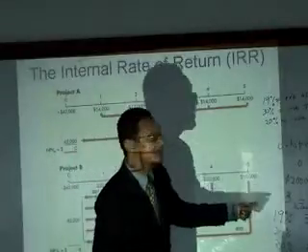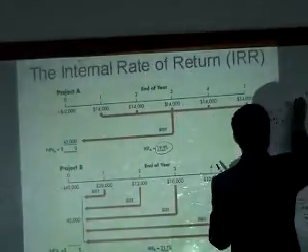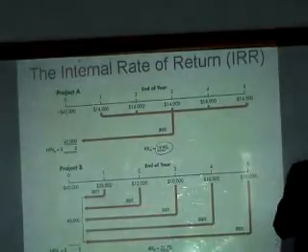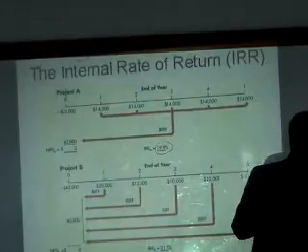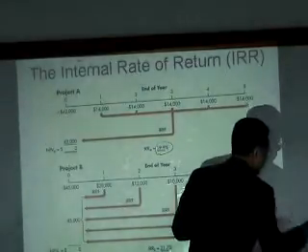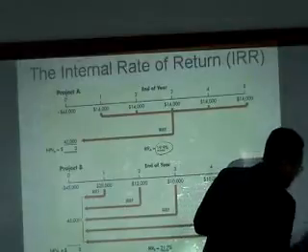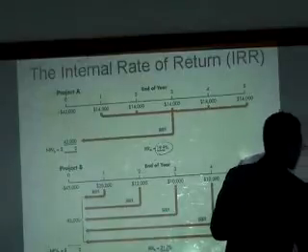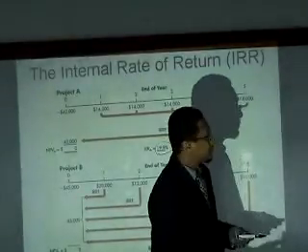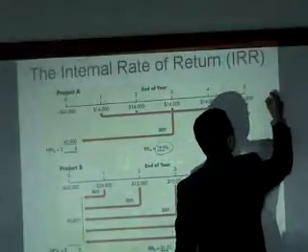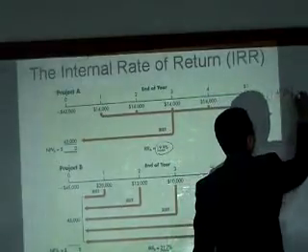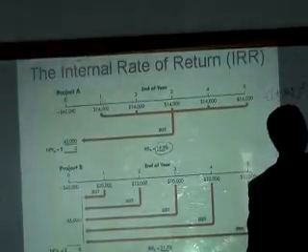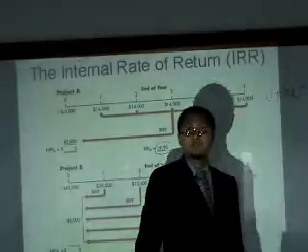Can I just erase this one? So 1 plus IRR power of 5 equals 0.3333333333.